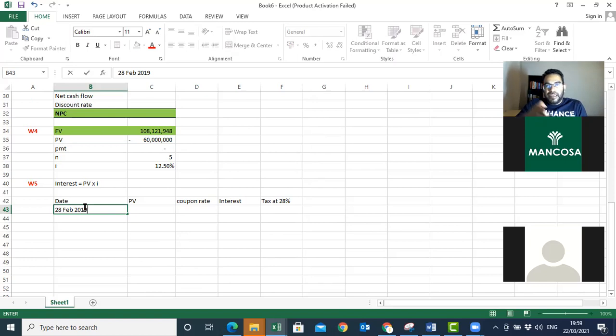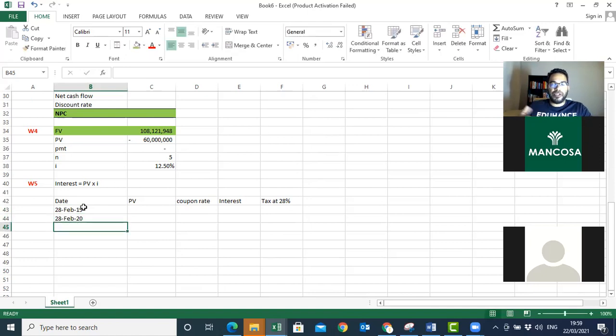Now, 1 year later, there will be a compounding period, which is 28 February 2019. The next one, 28 February 2020. And then the last compounding period, because it's annually in arrears, 28 February 2021. It makes sense. The loan comes to an end on 28 February 2021.